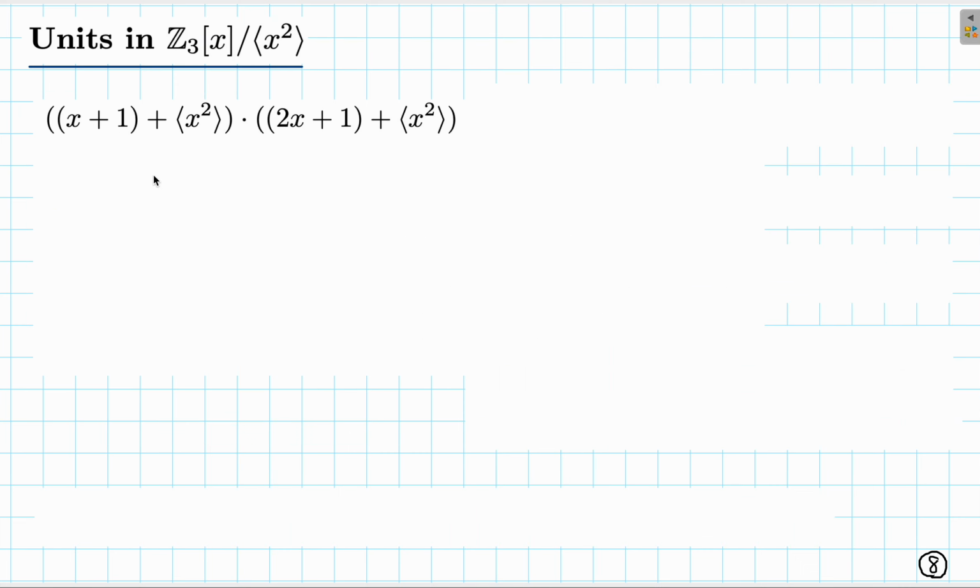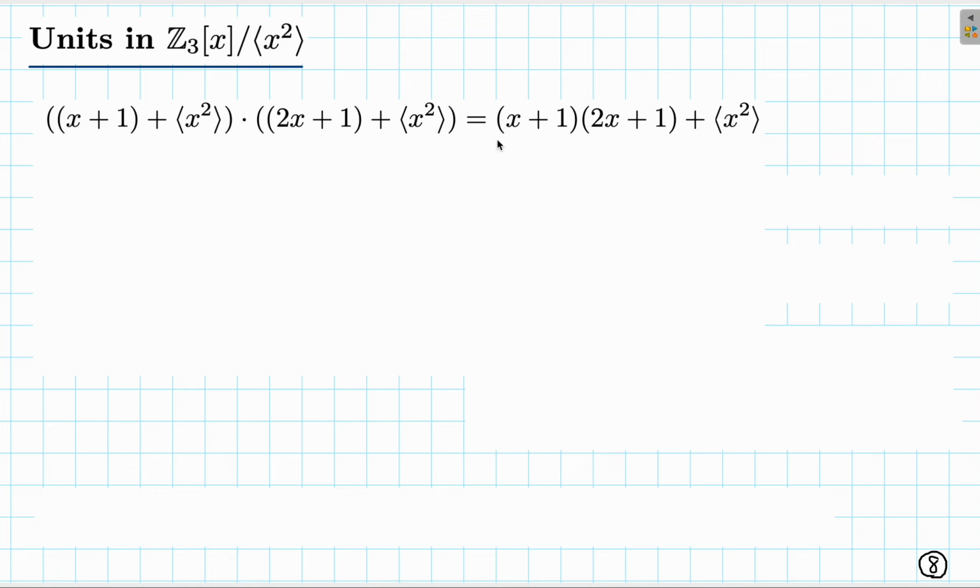Let's try multiplying these 2 cosets, x plus 1 plus ⟨x²⟩ times 2x plus 1 plus ⟨x²⟩. By the definition of coset multiplication, we can simply multiply the coset representatives, and so we obtain (x plus 1)(2x plus 1) plus ⟨x²⟩.